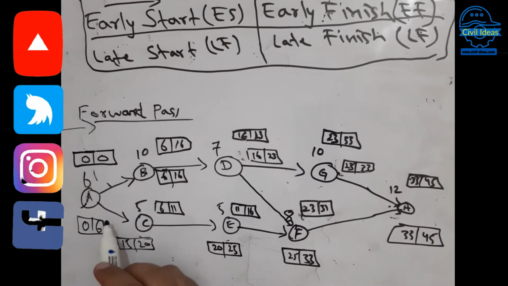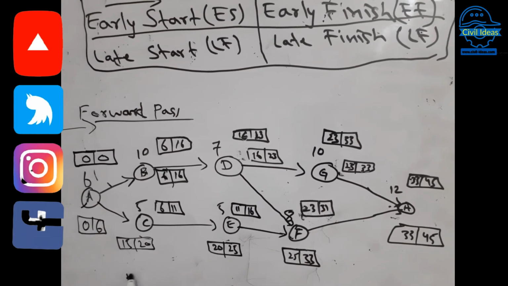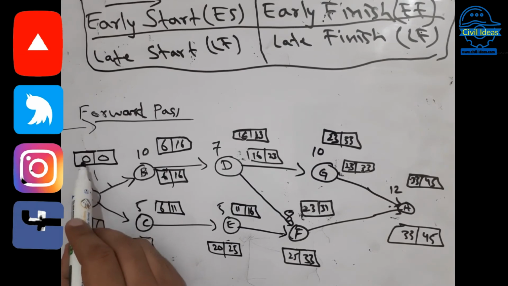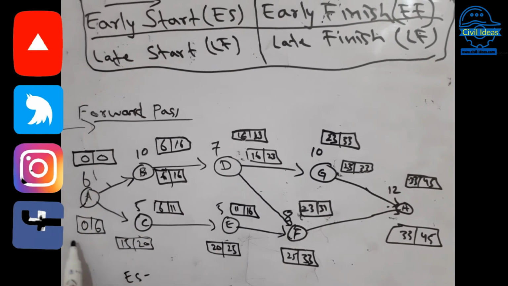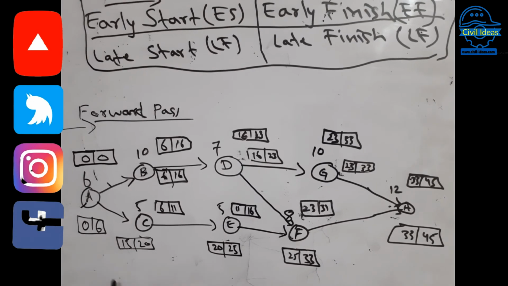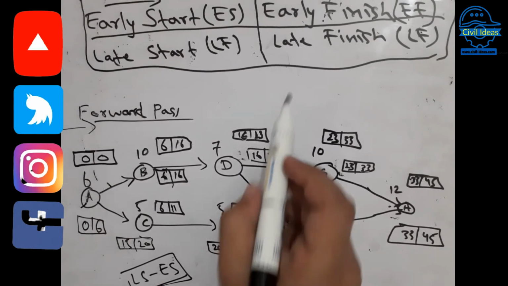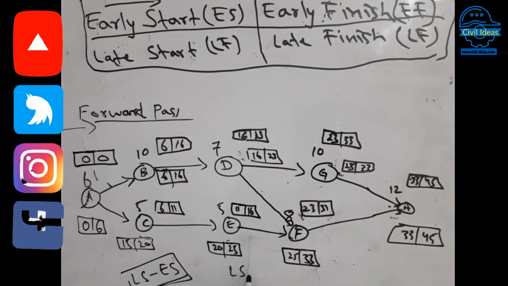So now we will check. You have to subtract: this is the early start, and this is the late start. LS minus ES. You have to use either this formula or you can use this one, LF minus EF.